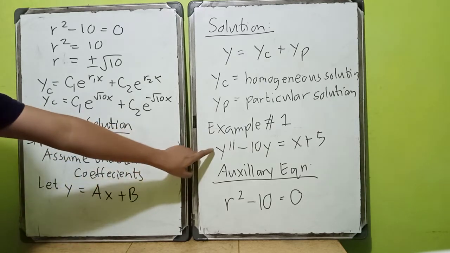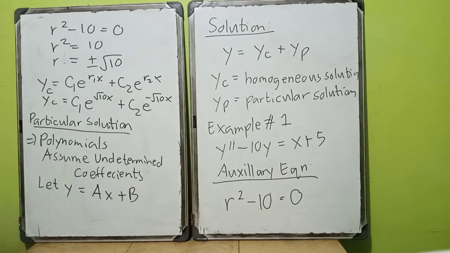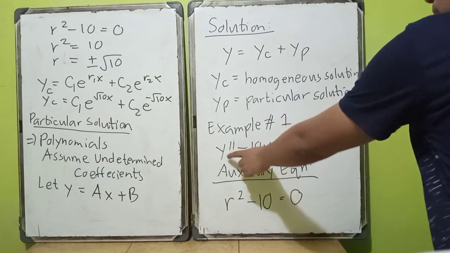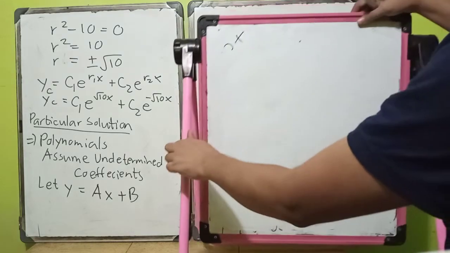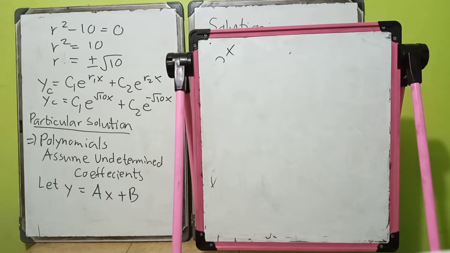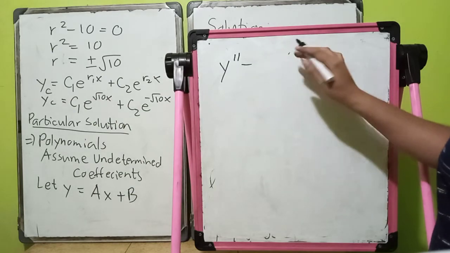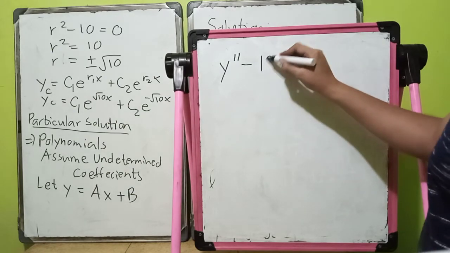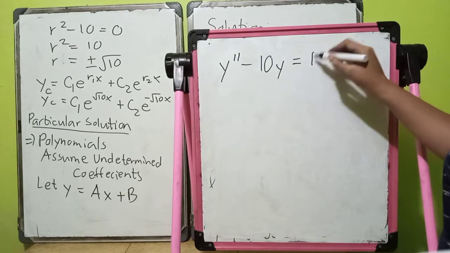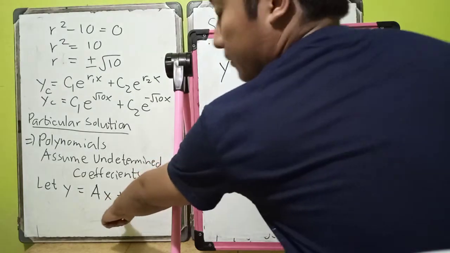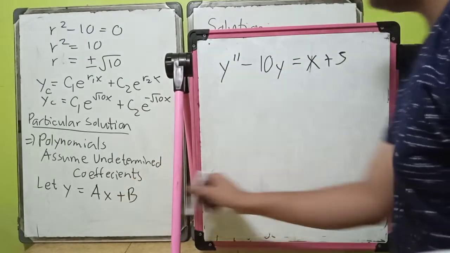So, the next step we should do is to replace this one in y double prime minus 10y is equal to x plus 5. So, we replace directly into the whole solution. Okay, so, this is our particular solution, our original problem. So, we let y is equal to ax plus b here.